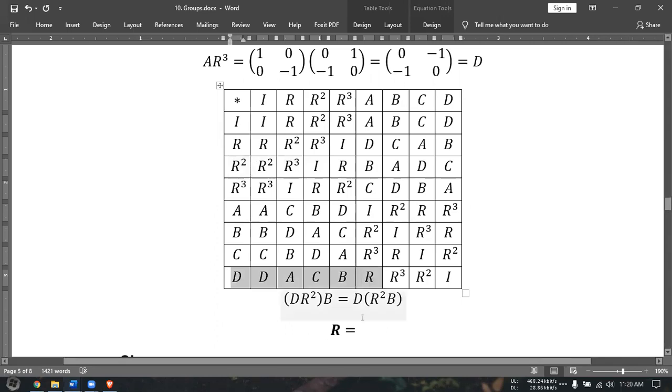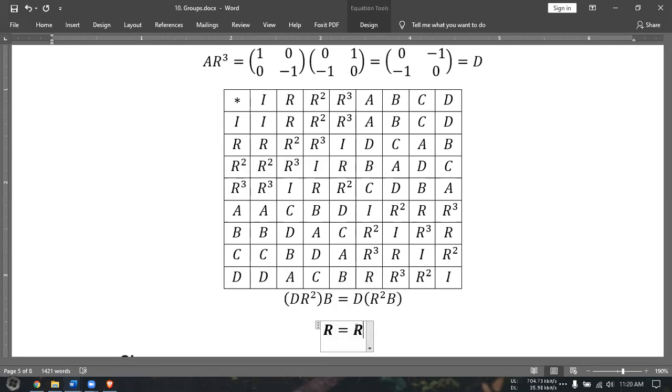Therefore, this specific case illustrates the associative property.